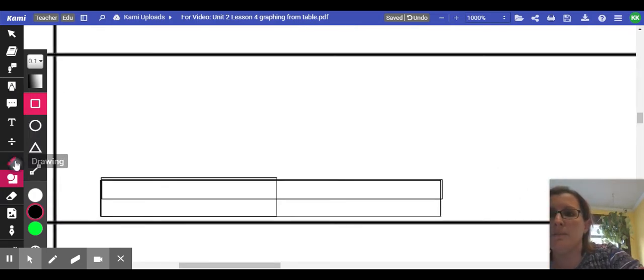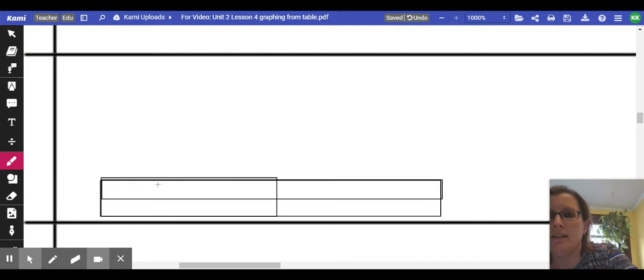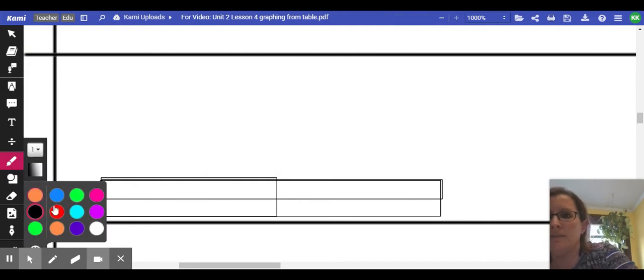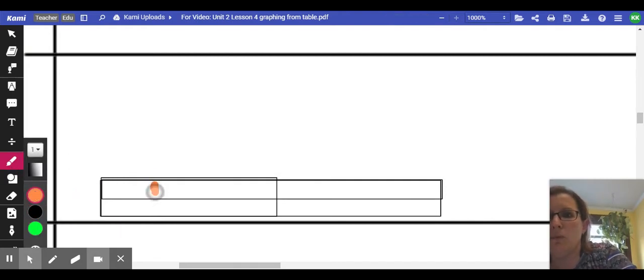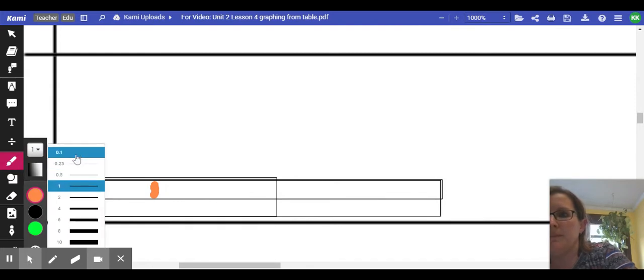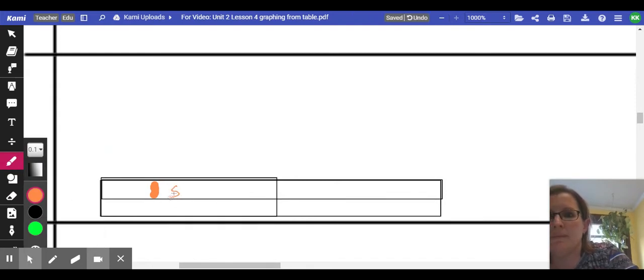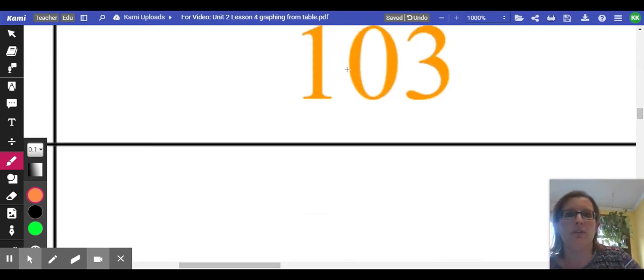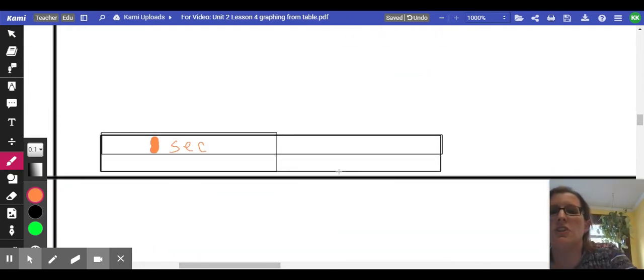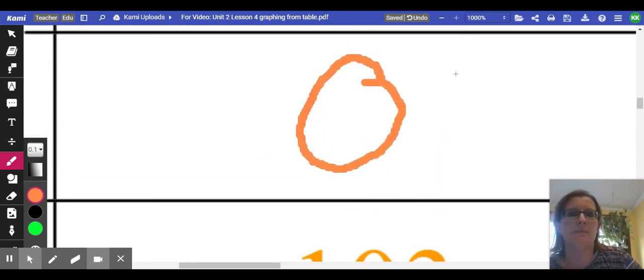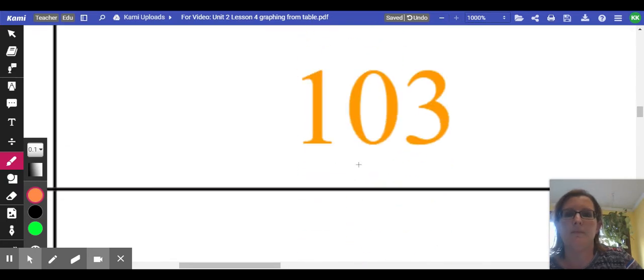So we know that in 1 second, we know from our first unit rate that the cheetah will travel 103 feet.